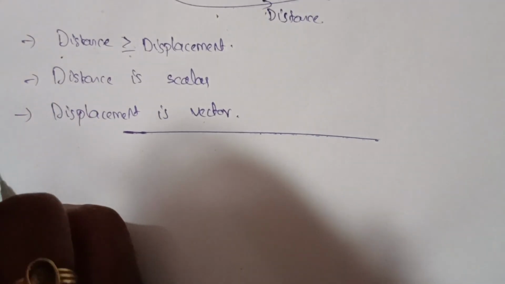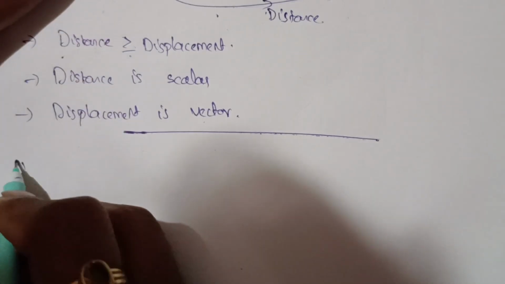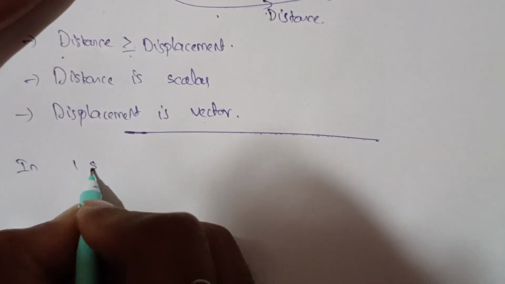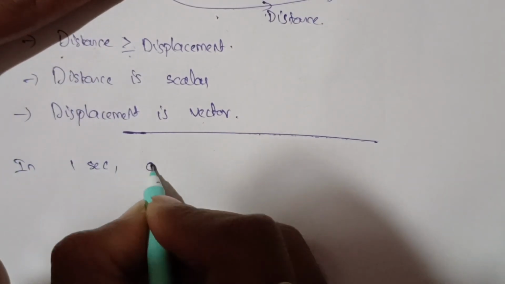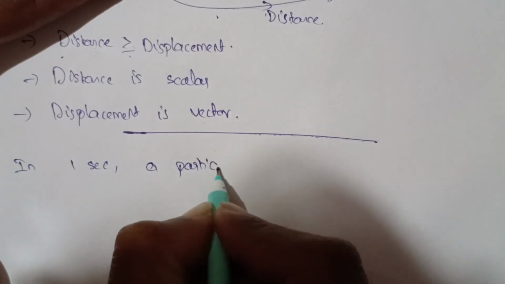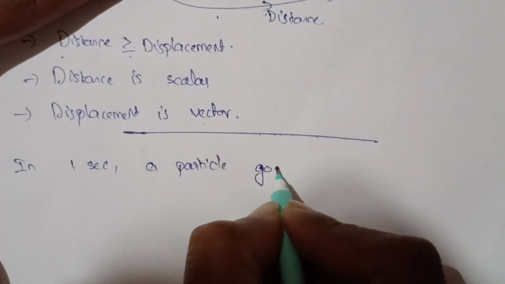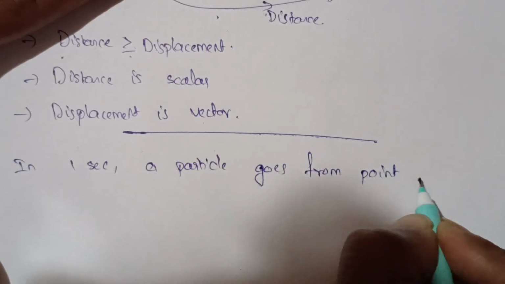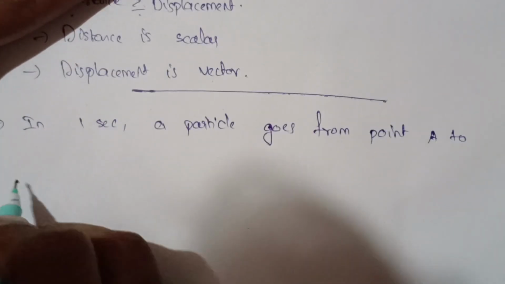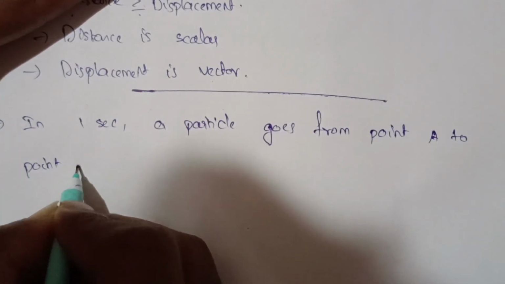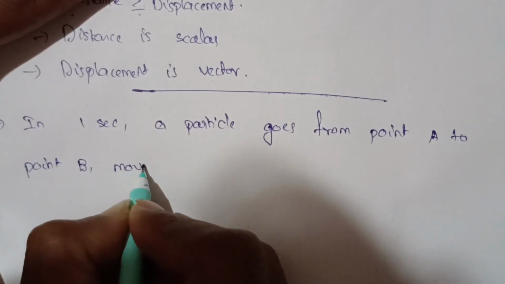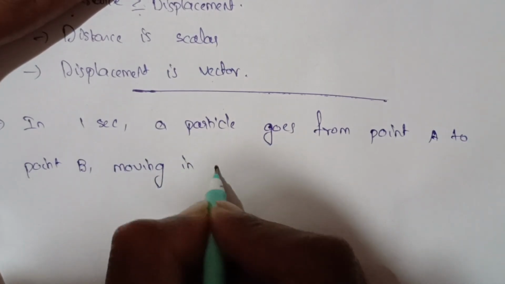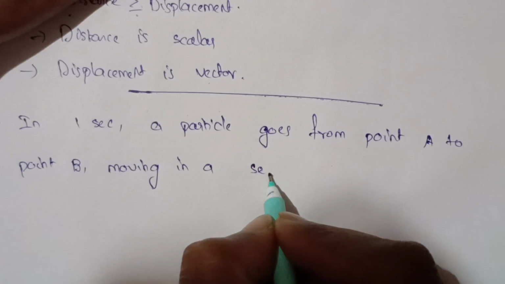The question is, in 1 second a particle goes from point A to point B moving in a semicircle.